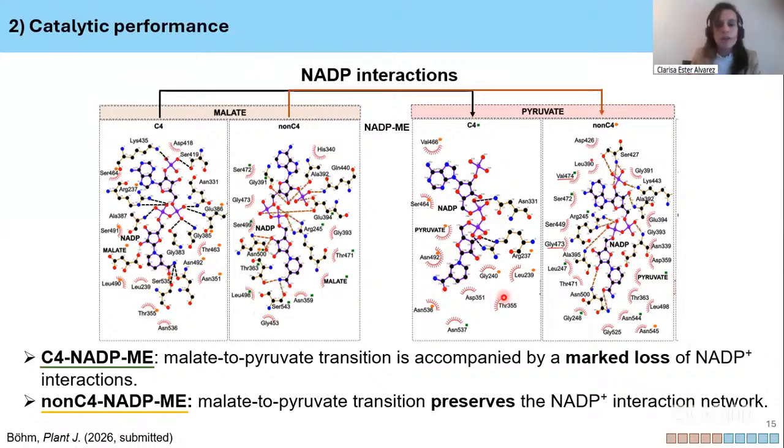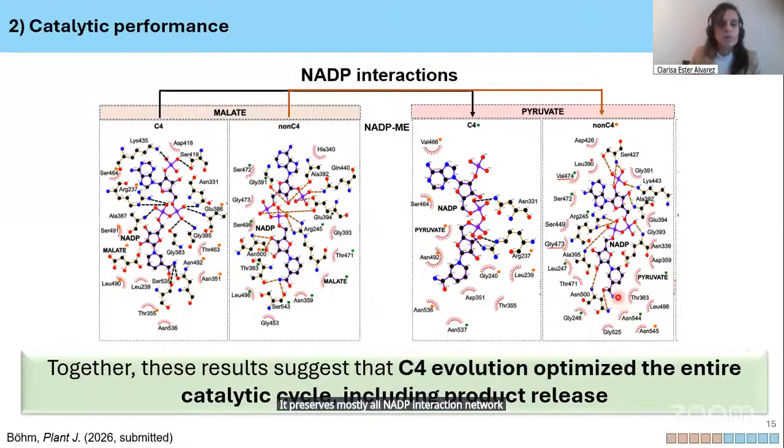When we look at the transition from non-C4 malate to pyruvate, it preserves mostly all of the NADP interaction network. Together, these results suggest that C4 evolution optimized the entire catalytic cycle, including product release.